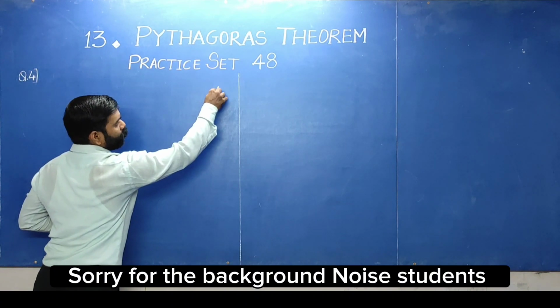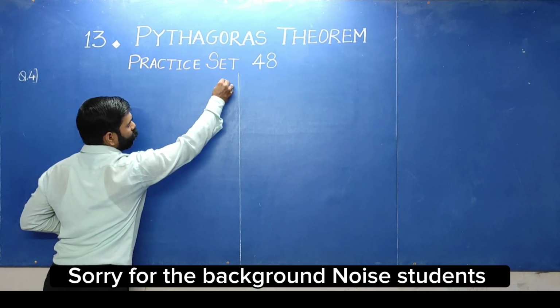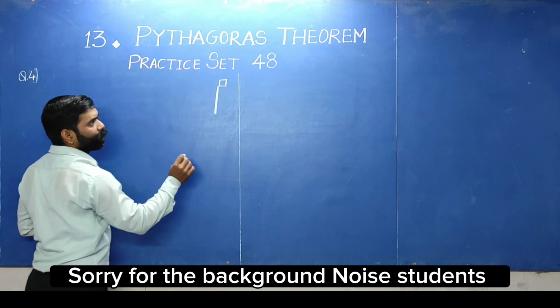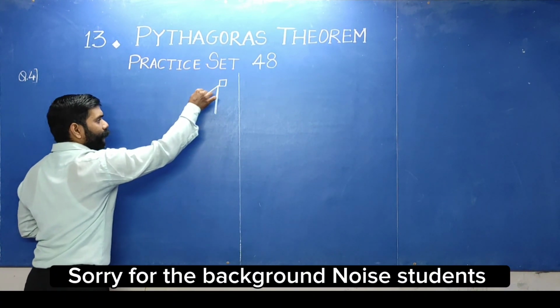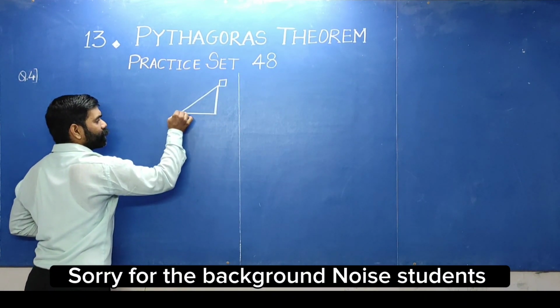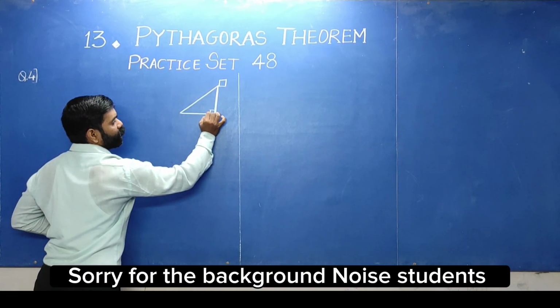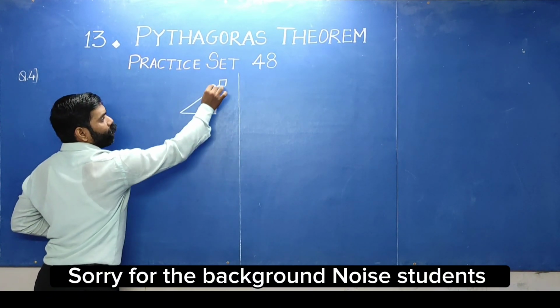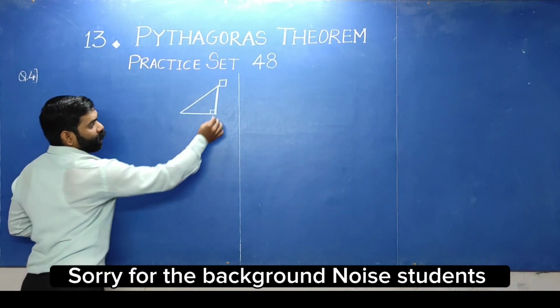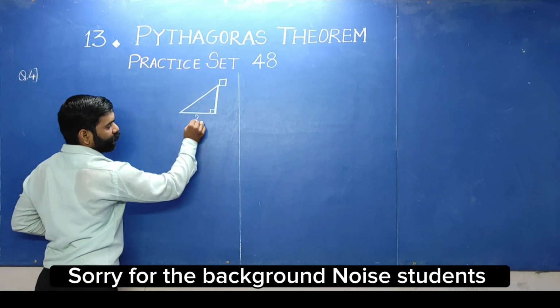This is the wall of the building, this is the window. This is the ladder. If the ladder is standing supporting the wall, how much distance is there between the wall and the ladder foot? We need to find this.